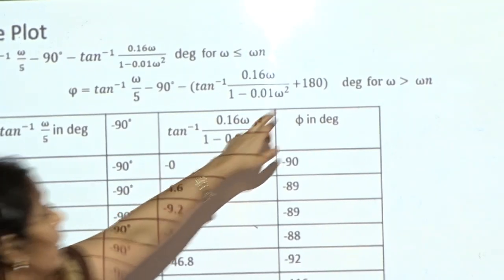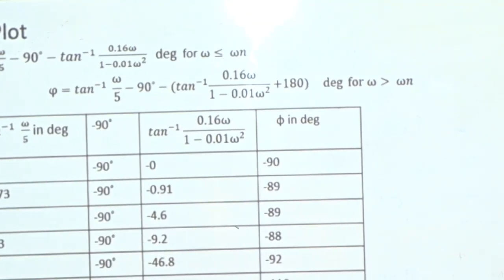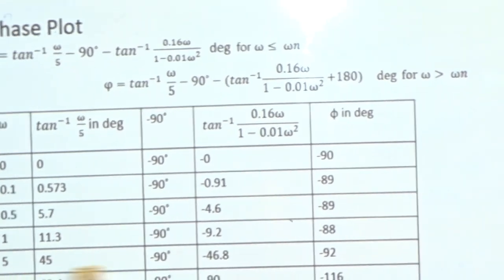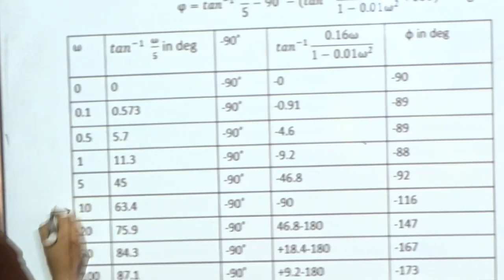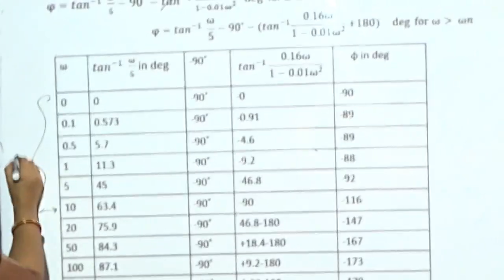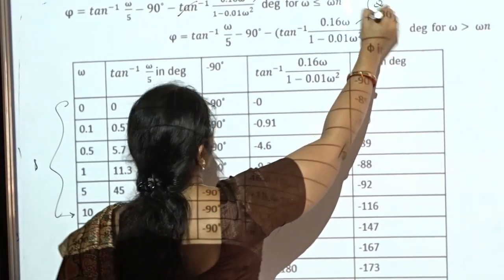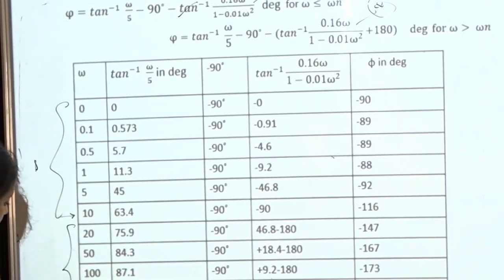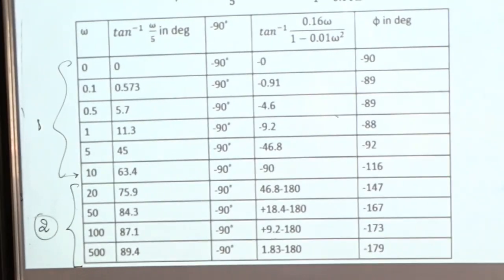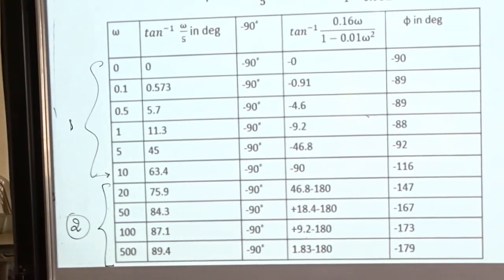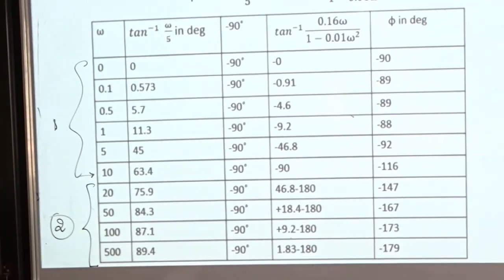So you have to write 180 degrees along with this expression. From here till this point you use the first expression, and after that you have to use the second expression to find the phase angle.